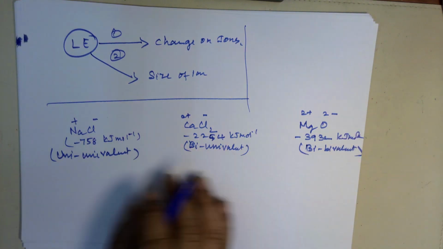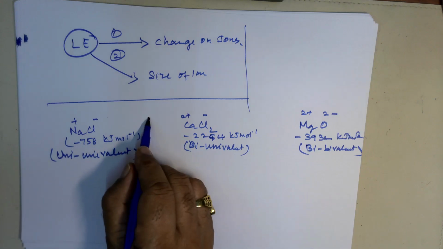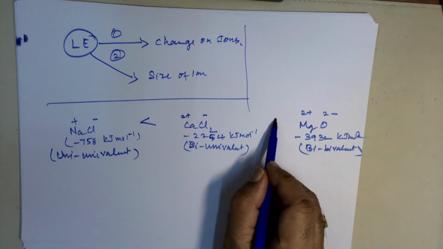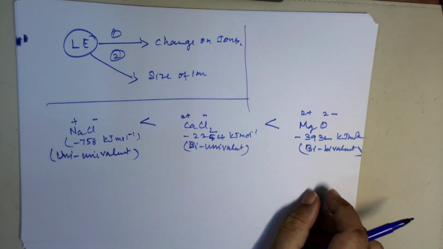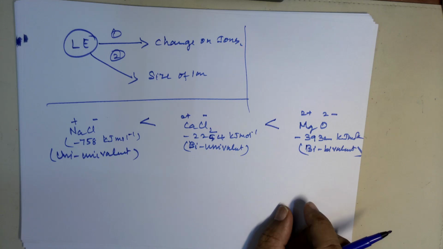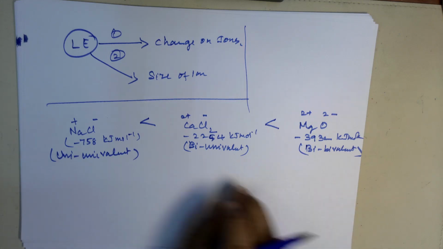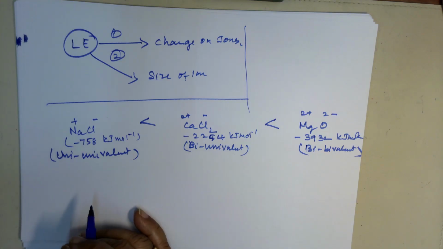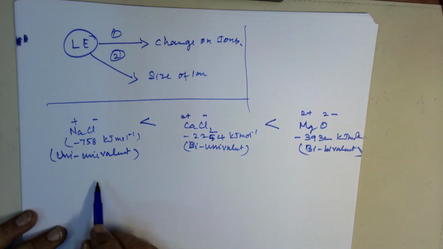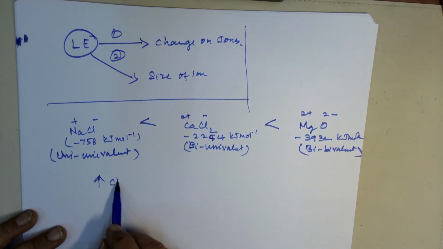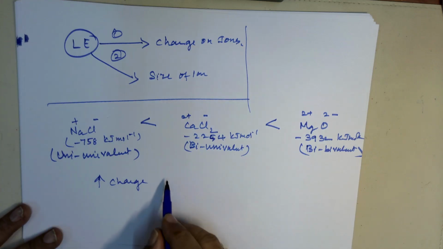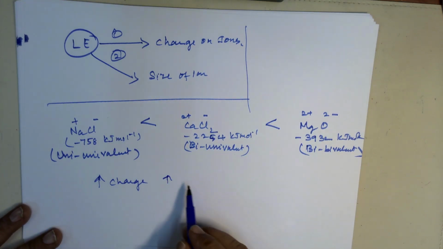When you compare, 758 is less than that of calcium chloride, and calcium chloride is less than that of magnesium oxide. So, are you able to observe here? The higher the charge on the ions, the greater is the force of attraction.